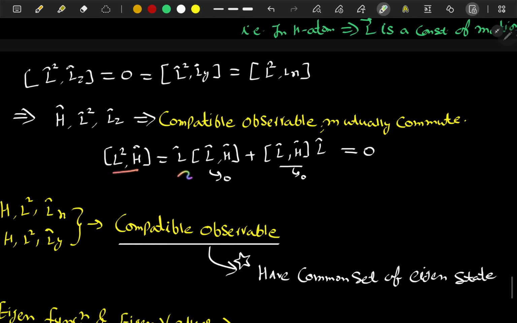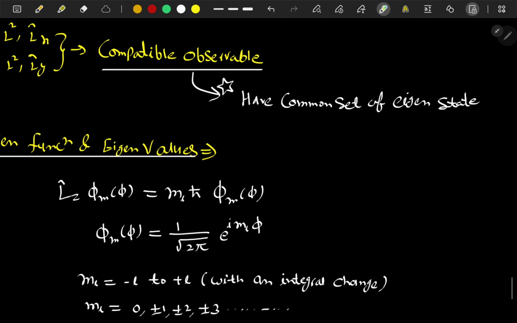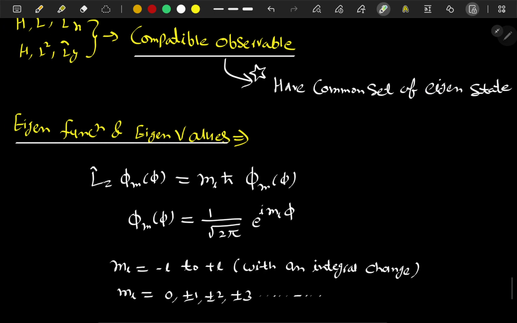H and L square commute, since HL minus LH is 0. Similarly H, L square, Lx and H, L square, Ly are also compatible observable quantities. So these have a common set of eigenstates.